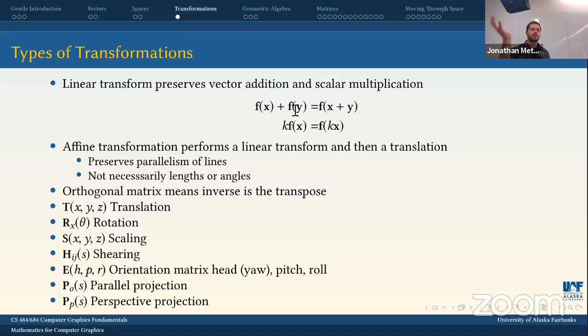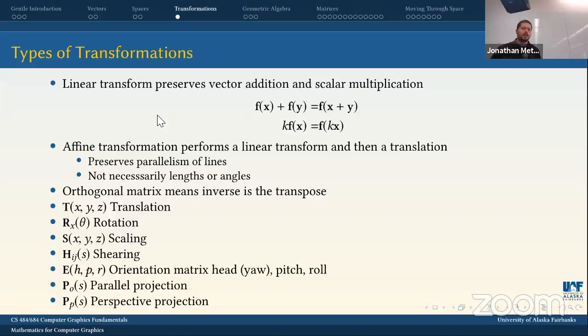It doesn't matter whether you add them first or after, the function works the same. And two, if you scale by a constant k, you can do that scale first on your vector and then apply the function. So a linear transform means that this kind of operation is preserved.